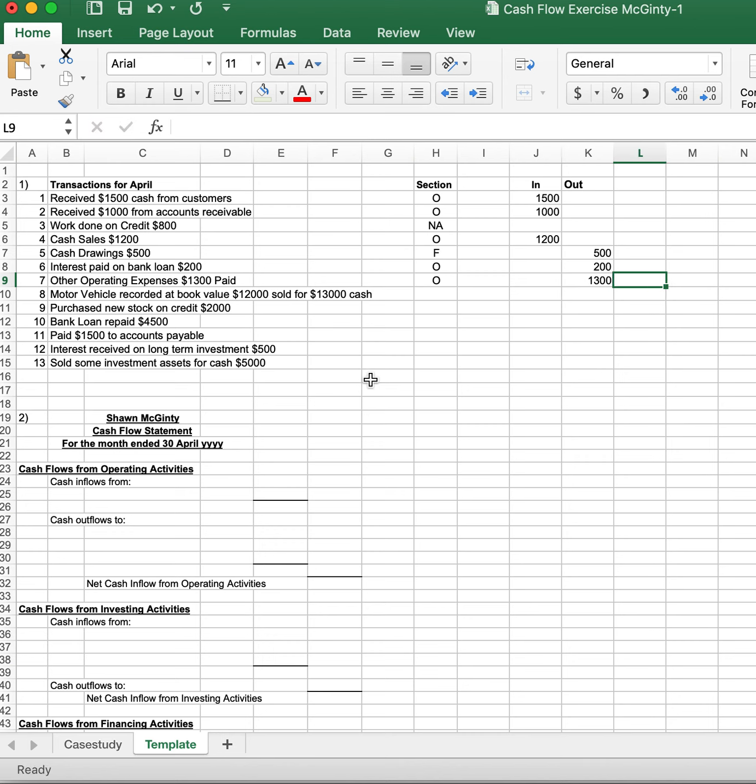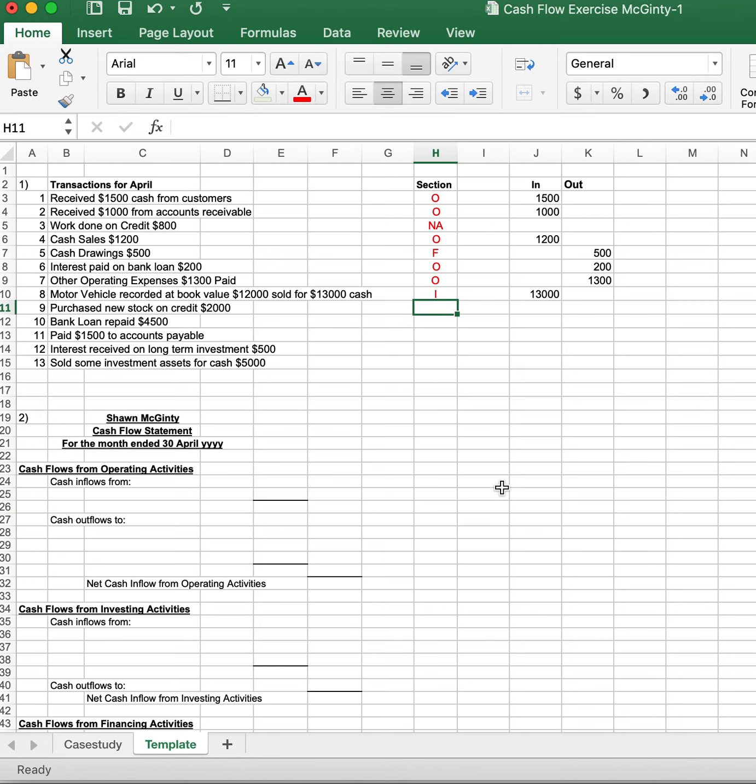Motor vehicle recorded at book value, $1,200, sold for $13,000. So that's money going in for sure. It's coming in from an investment that was sold. Assets are investments, so that's I for investment. So these are my categories down here.